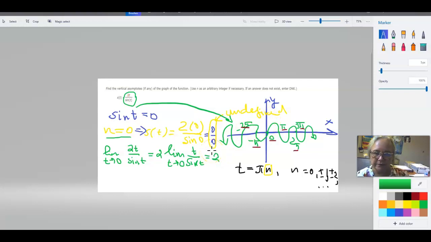But anyways, the answer is all zeros of the denominator, except in this particular case, the 0 when n equals 0. So the vertical asymptotes are vertical lines of the form t equals pi times n when n is not equal to 0. So I hope it was helpful. Thank you for your time.